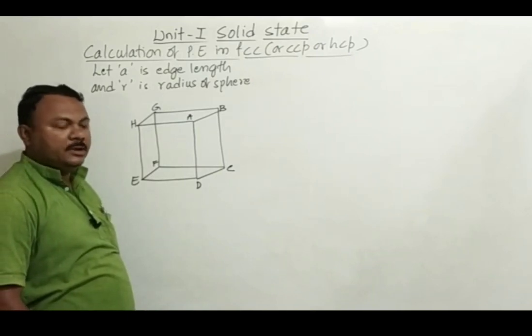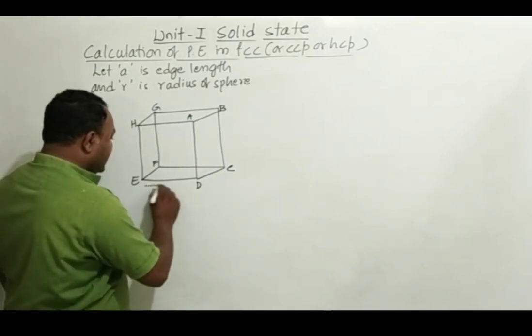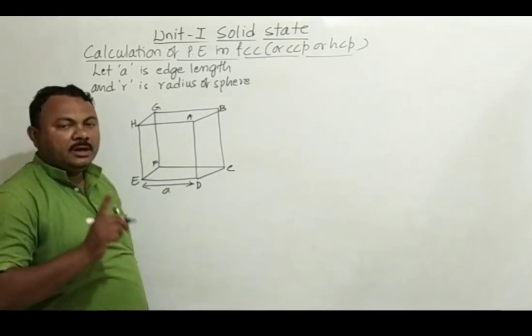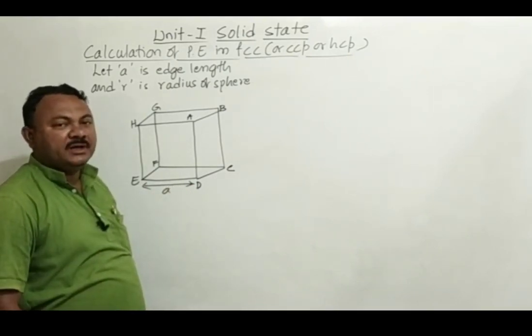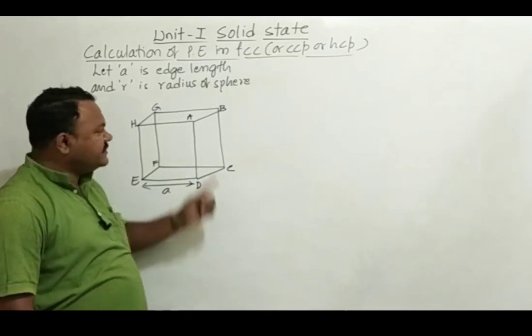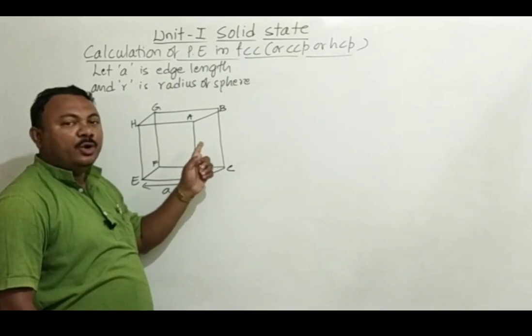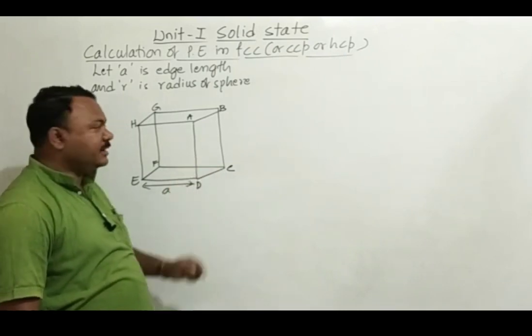Now, this is the edge length which we have taken as A. I am going to consider three atoms, spheres. One is at corner A, another is at corner C, another is at the face center A, B, C, D. All these are in contact with one another.